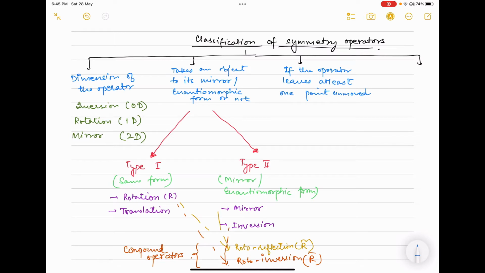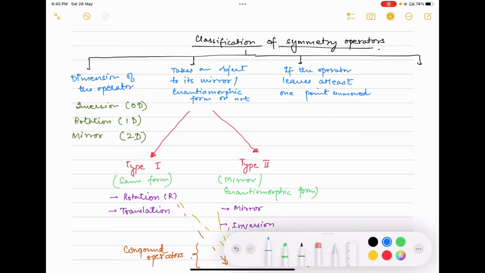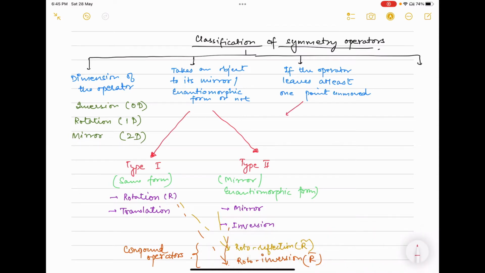So then this is again into two types: moves a point and doesn't move a point.